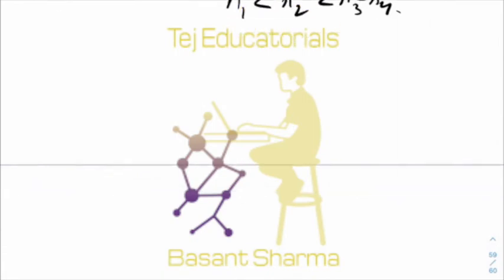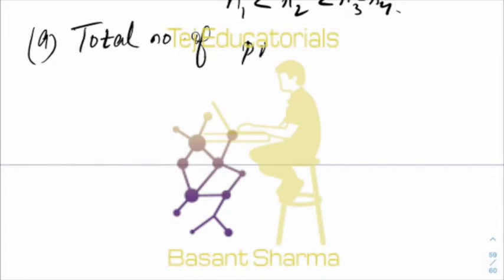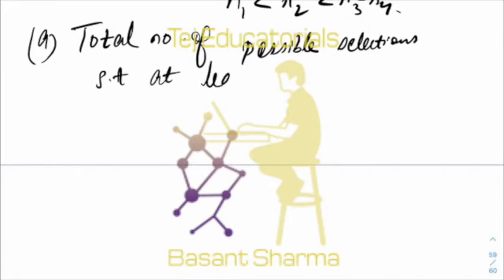Now the question is, first part, what are the total number of possible selections such that at least one is selected? Now you see what we are given is this.